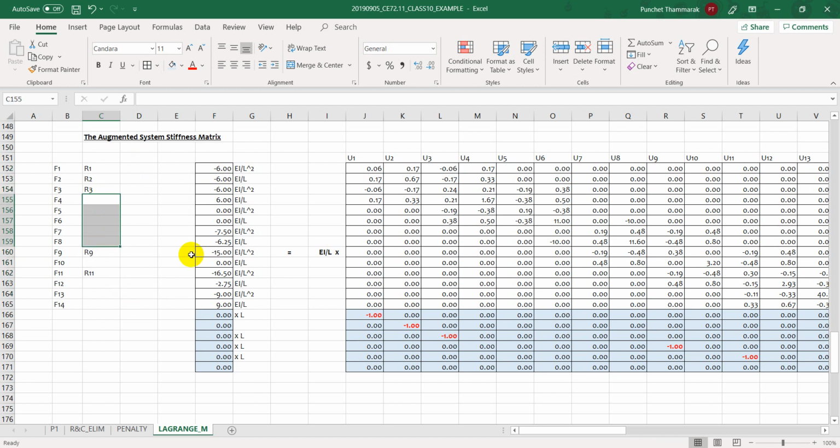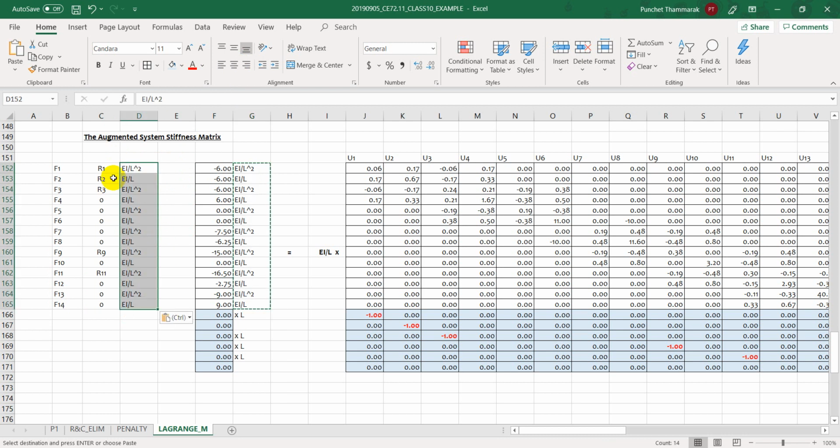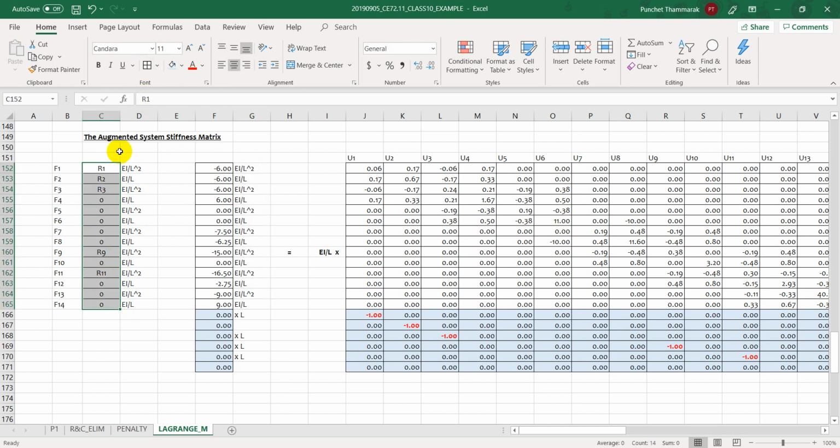Other degrees of freedom, we have 0, okay. So this could be in the same unit like this. This is the external force that is applied. This is a fixed end reaction you have. Well, you will see the difference.